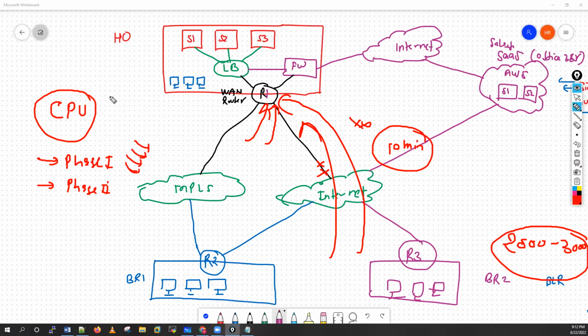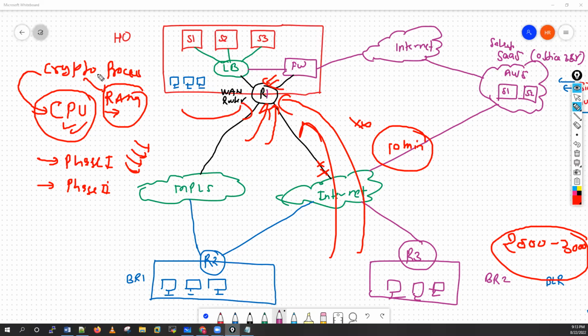If they do these computations, it will take lots of CPU, and the crypto process on your routers may consume the entire CPU, maybe the entire RAM of your router. Maybe your router hangs for some time, maybe it just goes down because your IPsec or crypto process has hung. So such kinds of issues you will also face, guys.